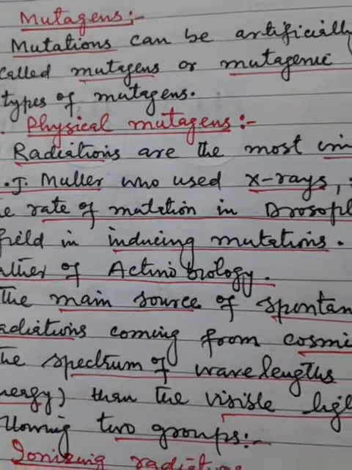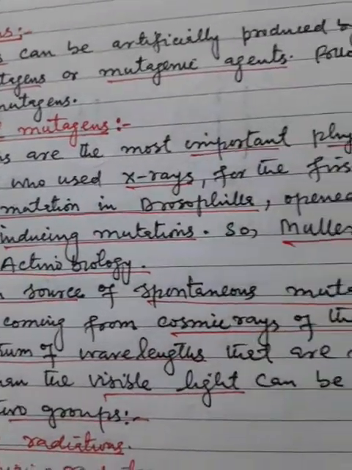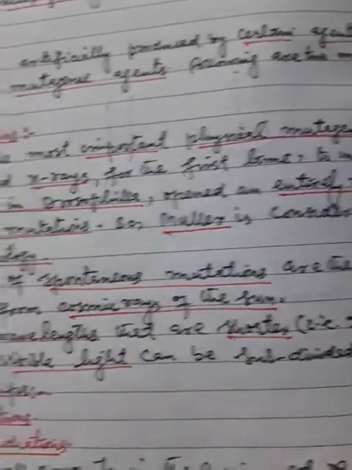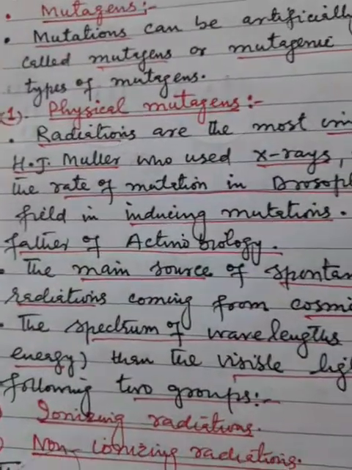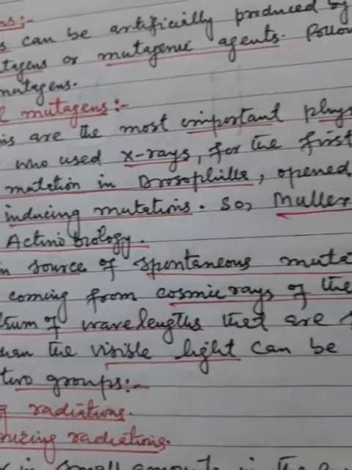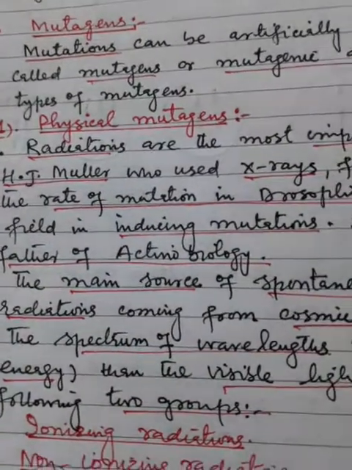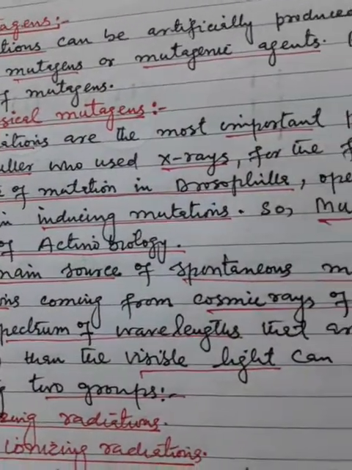A.J. Muller, who used X-rays for the first time to increase the rate of mutation in Drosophila, opened an entirely new field in inducing mutations.